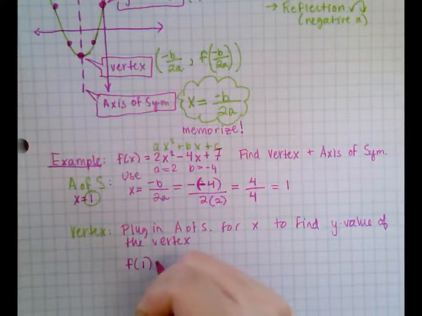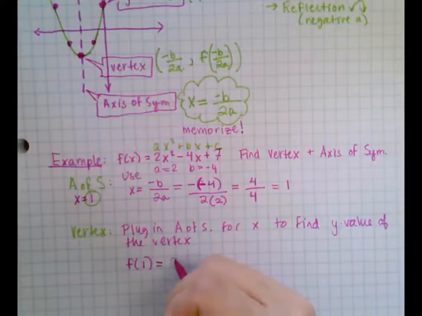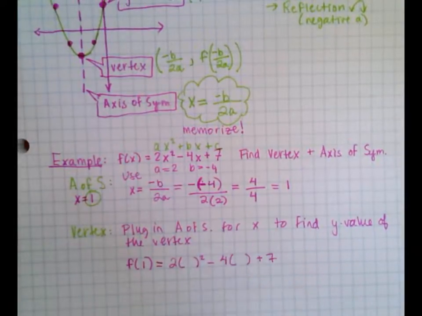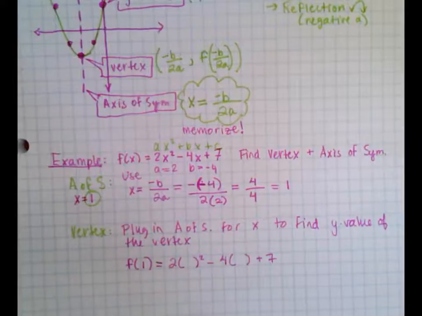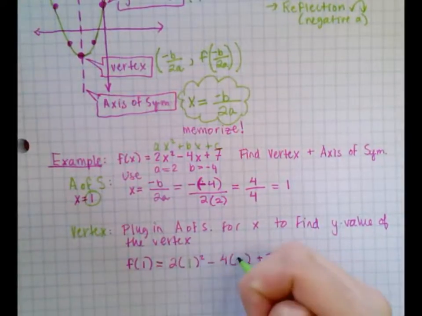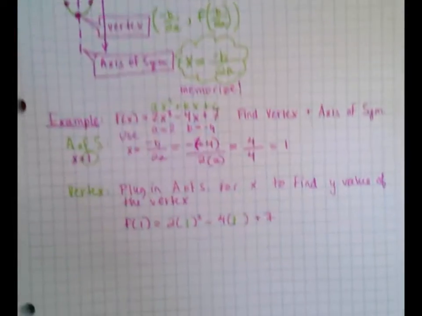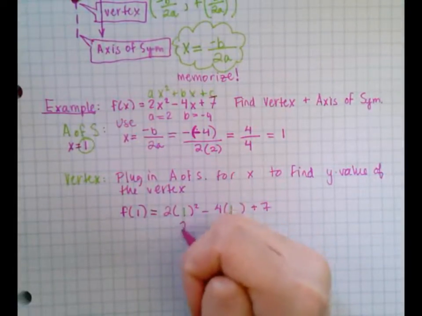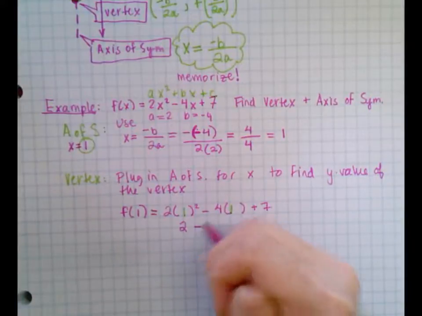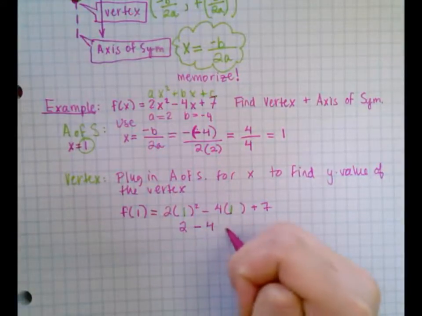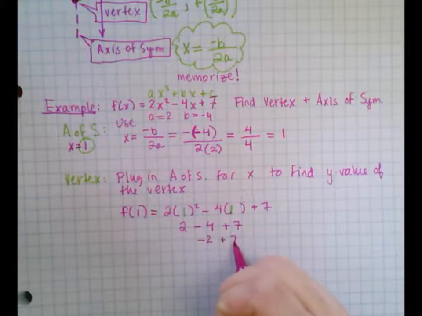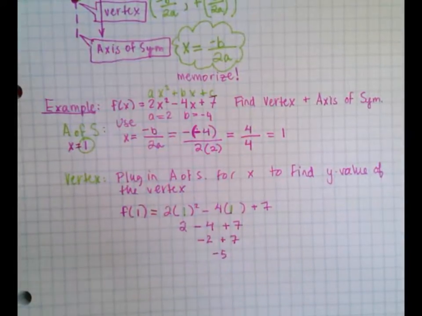That means I'm plugging in 1 for both places where the x's appear. I started by putting a blank spot where the x's were, and now I'm plugging in 1 there. If I simplify this, 1 squared is just 1, so this becomes 1 times 2, 2. Minus 4 times 1 is 4, plus 7. This becomes negative 2 plus 7, which is positive 5, sorry.